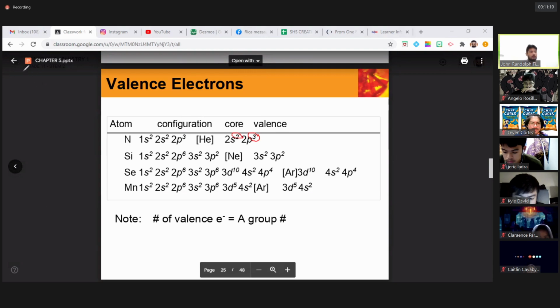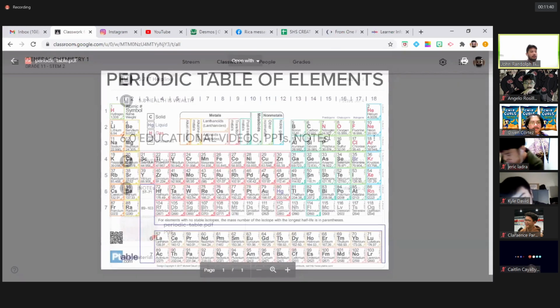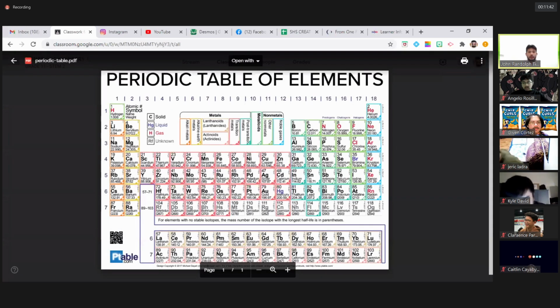Okay? So let me share again the periodic table here. So you have here the periodic table. Okay, look at here the periodic table, guys.